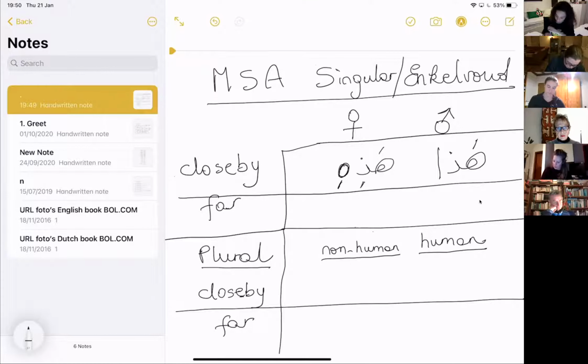Then in the masculine, ذلك is used. So look how you pronounce it. ذلك. And when the thing you're pointing at is feminine, تلك is used. تلك.